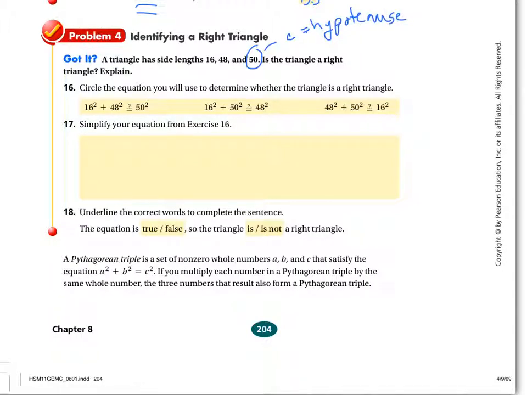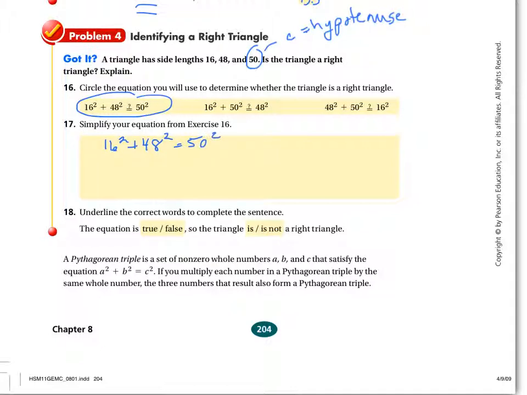And so that has to go on one side by itself, which you see here in problem number 1. This one has 48 and this one has 16 on one side by itself, and so those can't possibly work. So this is the one that we're looking for. I want you to simplify everything and determine, is it a right triangle or not? You're going to start here with 16 squared plus 48 squared equals 50 squared.